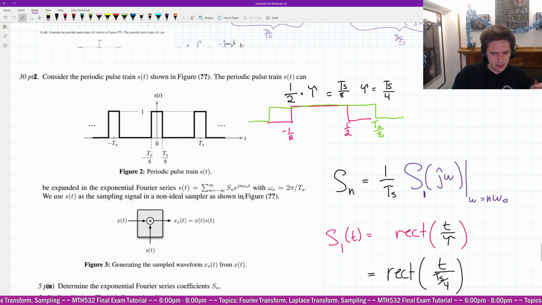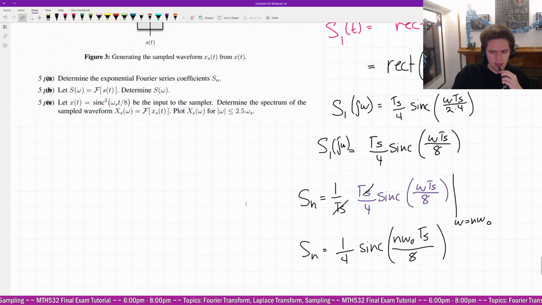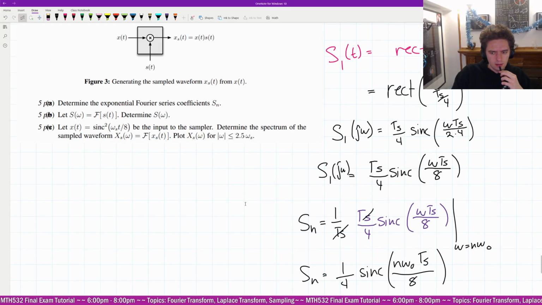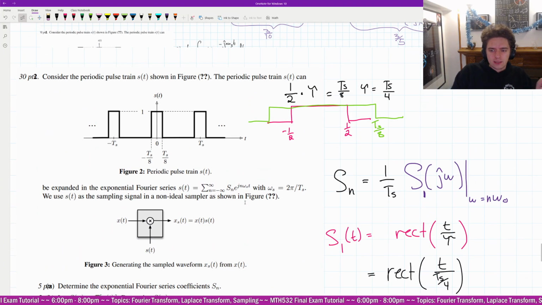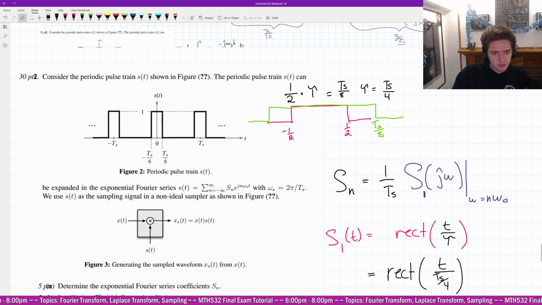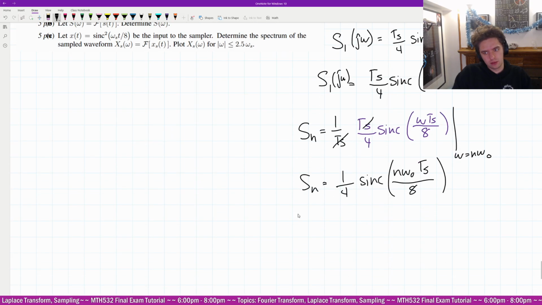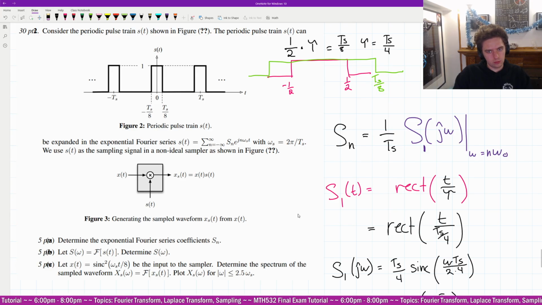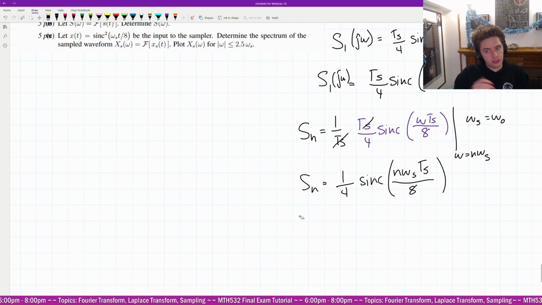Hold on. N omega naught, but does that mean, yeah, then I have to, what is omega naught? Omega naught is the fundamental frequency of the repeating signal, right? The fundamental frequency is Ws, right? So in our particular context, we're going to put Ws here. Ws equals omega naught, which they gave us here. And then Ws is equal to 2 pi over Ts.